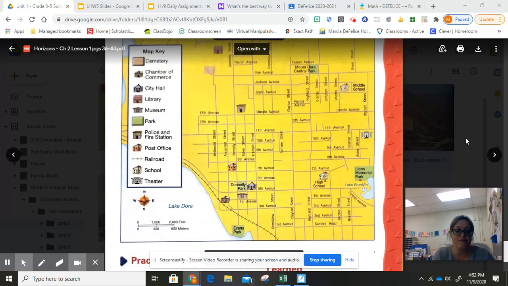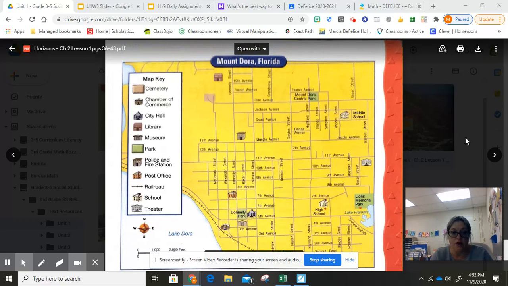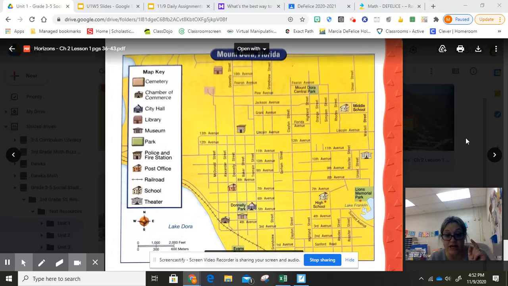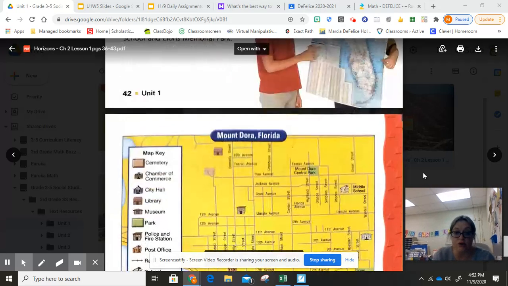Okay, so now that we've taken a really good look at this map and we know all of the items in our map that we need, let's go back up to where it was talking about in that reading, where we were going to use that distance scale. I have to go up so I can see what we were measuring again. We want to see about how far it is between the high school and Lions Memorial Park.